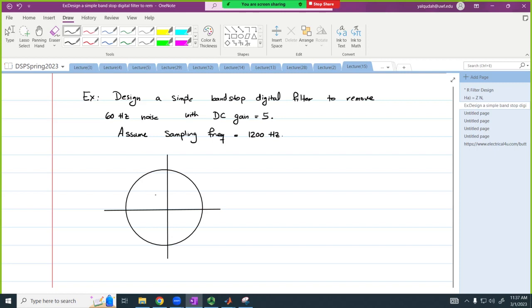Will it have a magnitude of 5? What else? How do I find the discrete frequency that corresponds to the continuous frequency I'm trying to remove?